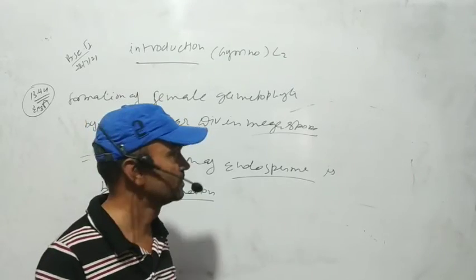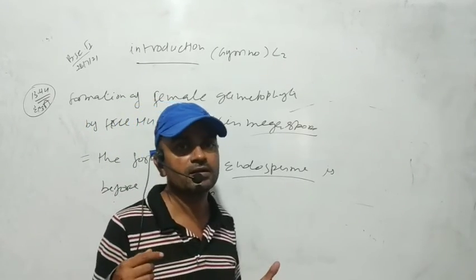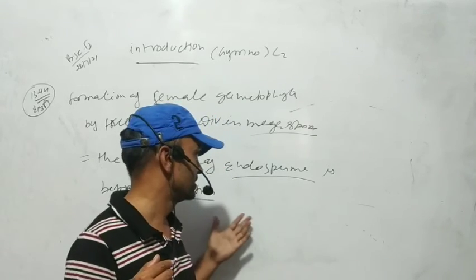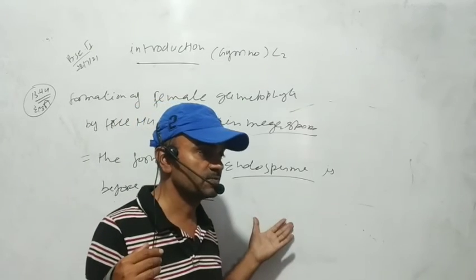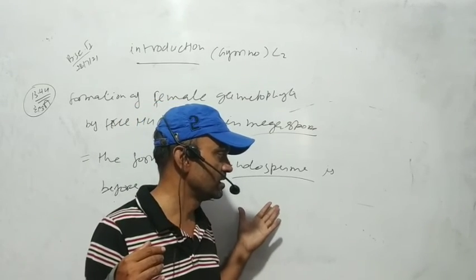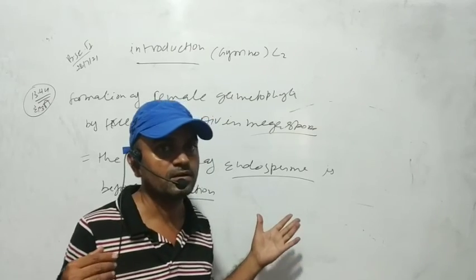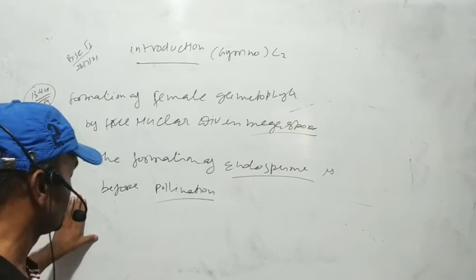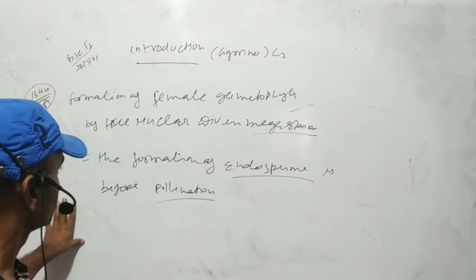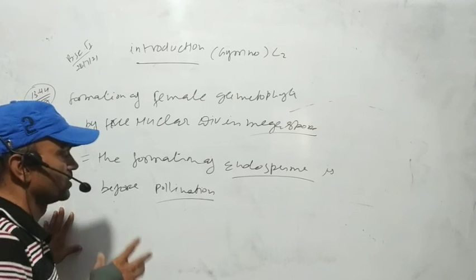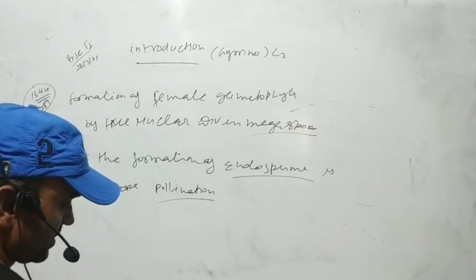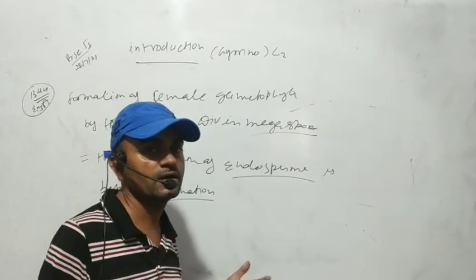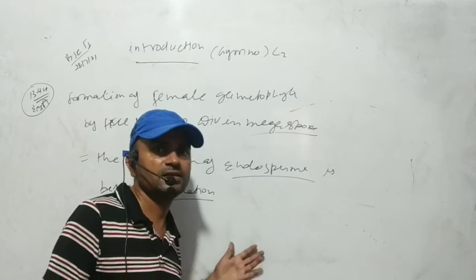But in angiosperm, its formation takes place after pollination, so the endosperm is triploid. So these are the gametophytic and also reproductive characters.